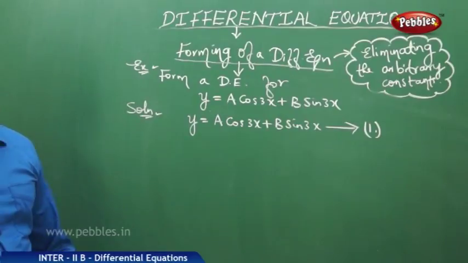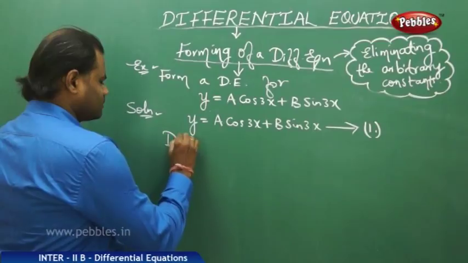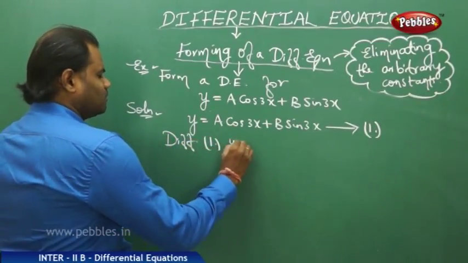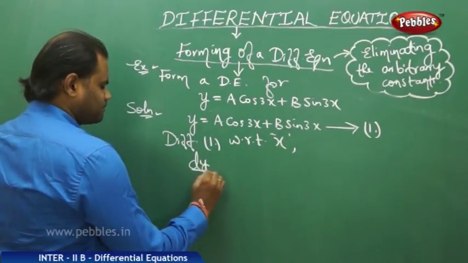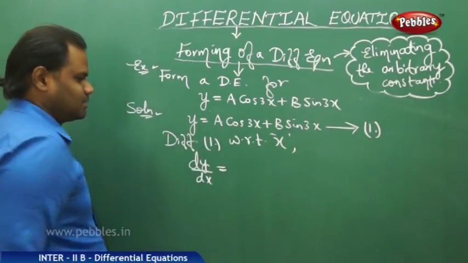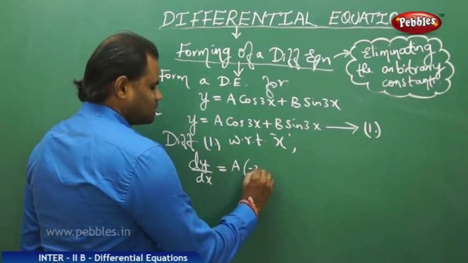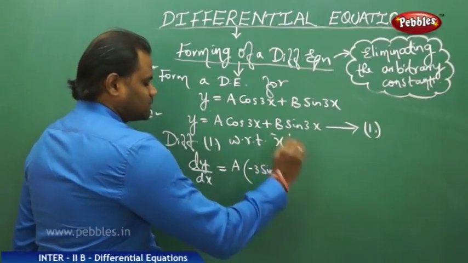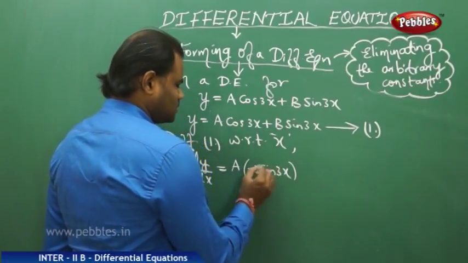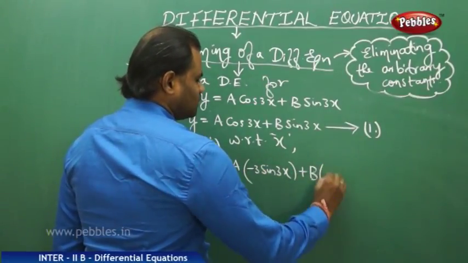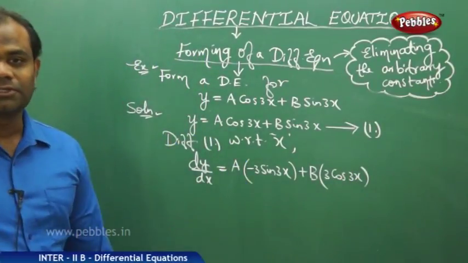Now I differentiate both sides of equation 1 with respect to x. So differentiating 1 with respect to x, we get dy by dx equals a times d by dx of cos 3x, which is minus 3 sin 3x using the chain rule, and this comes out as b times 3 cos 3x, again using the chain rule.